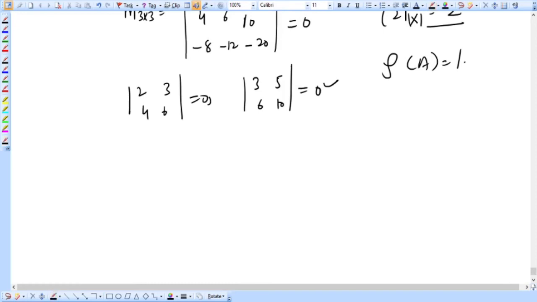Now let us take a few more examples based on rank.